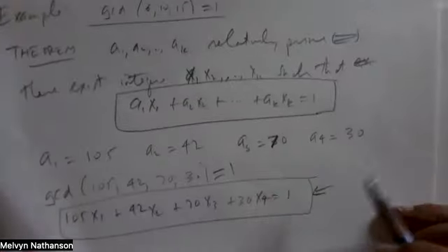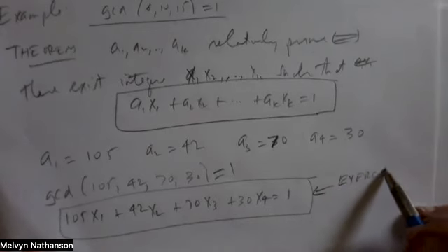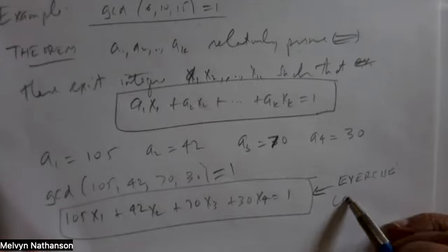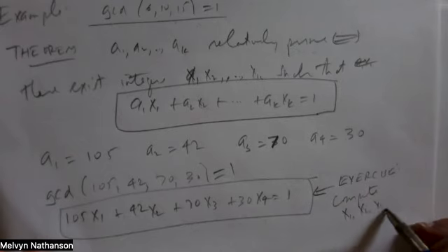And according to our theorem, there have to be integers such that 105 x1 plus 42 x2 plus 70 x3 plus 30 x4 equals 1. So an interesting exercise is to compute the numbers x1, x2, x3, and x4.